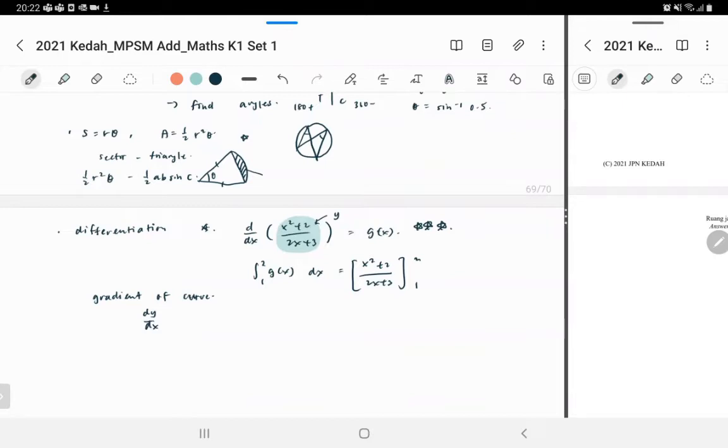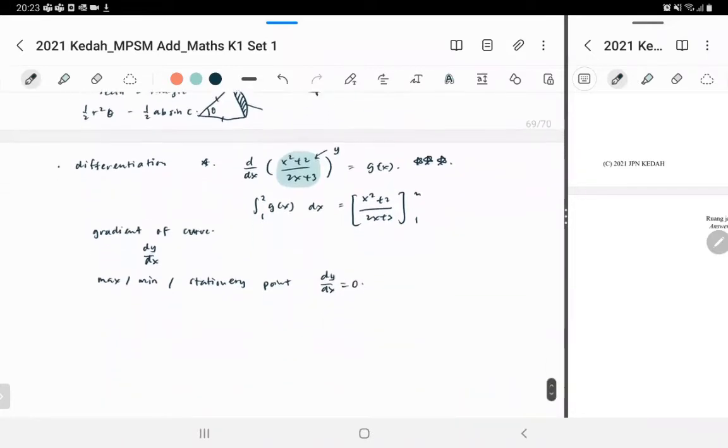It might ask you to find the maximum point, minimum point, or the stationary point, where dy/dx equals 0. So pay attention to this one. And also another one is integration, finding the area. Okay, find the area.